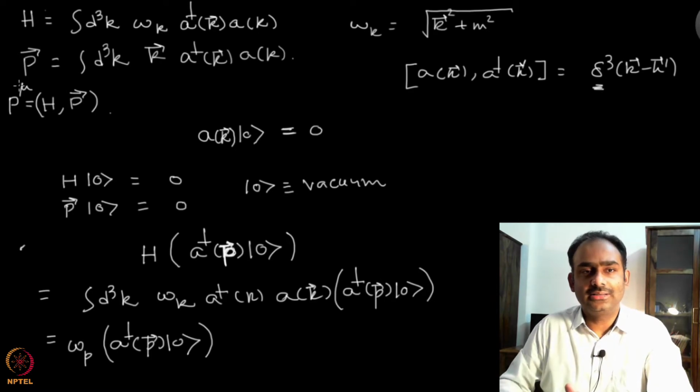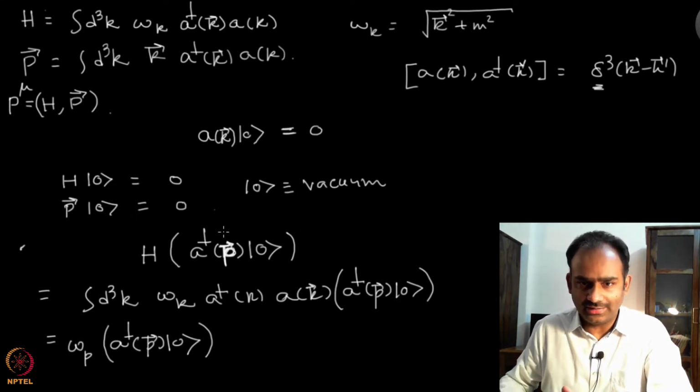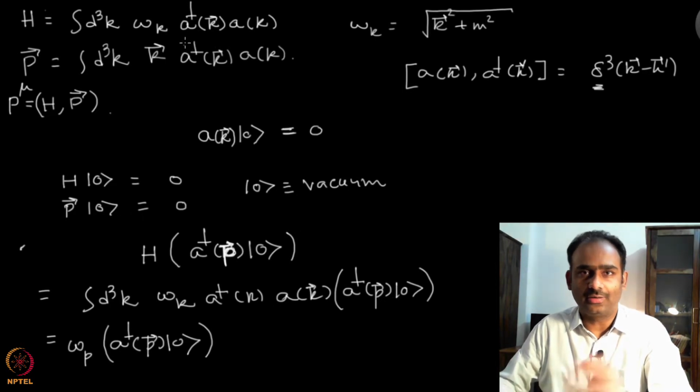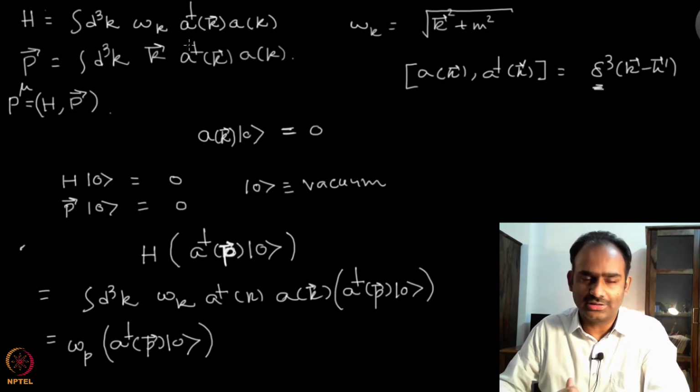But then also I can see that the only difference between the Hamiltonian and the momentum operator is just this factor, whether it is omega k or k. So, whatever manipulation I have done just now goes through completely, because that involves only using the commutation relation, and I will get the following.